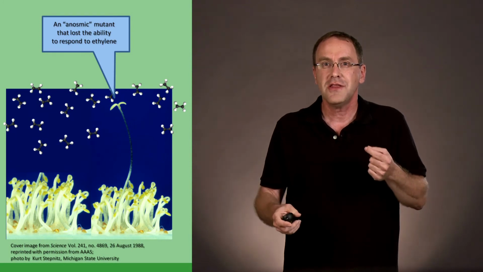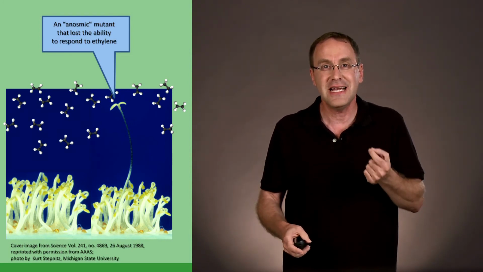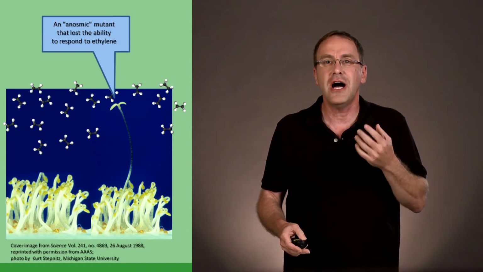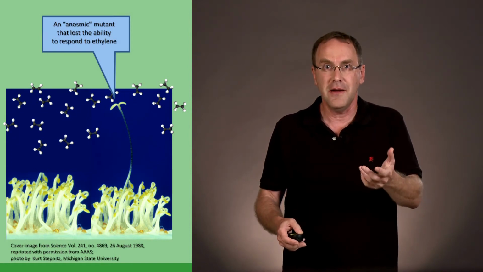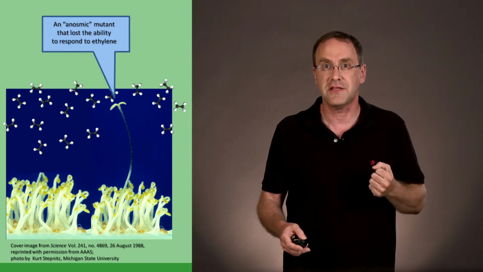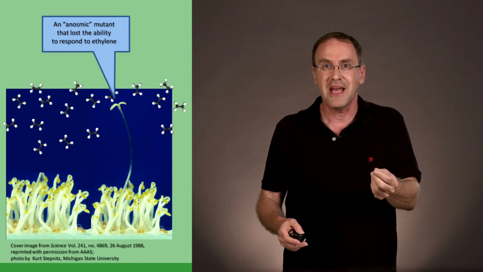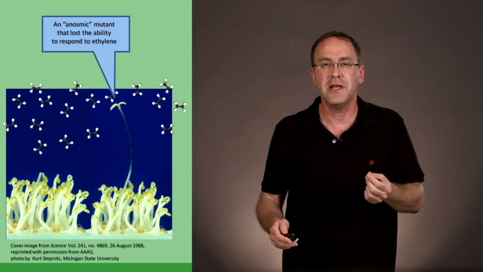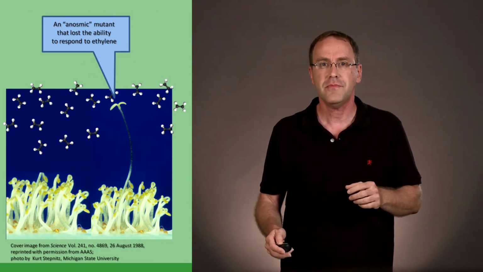In other words, they've lost the ability to sense the ethylene. We can think of them as anosmic plants. Anosmia is what happens when we lose our sense of smell. These plants have lost their sense of smell for ethylene. They've lost the ability to respond to ethylene.